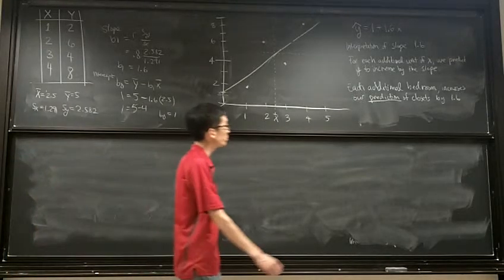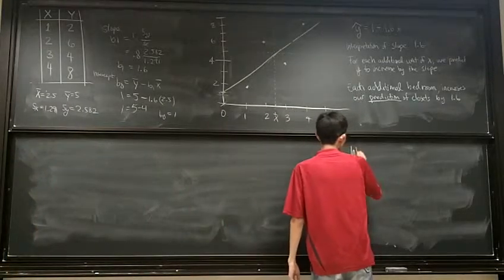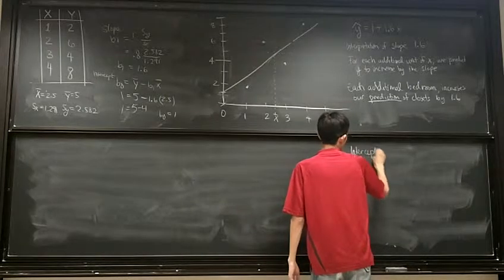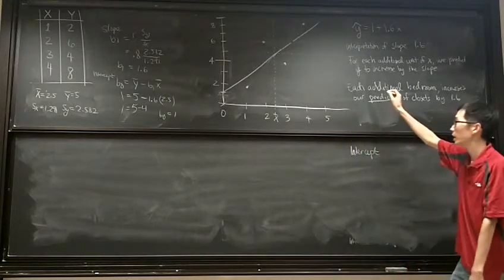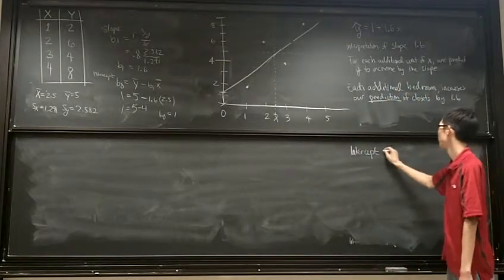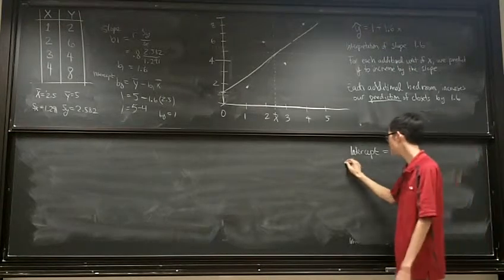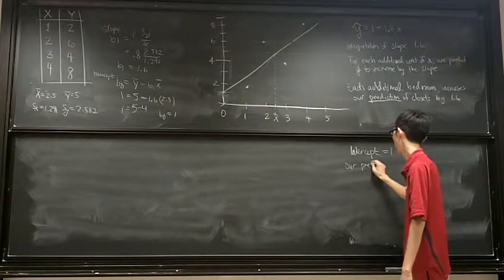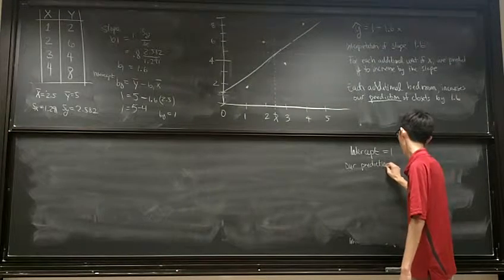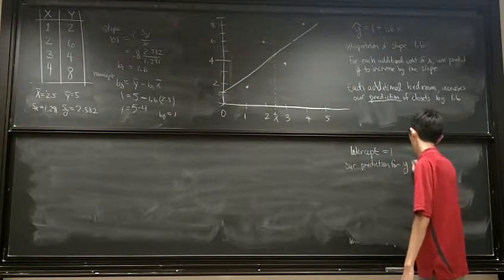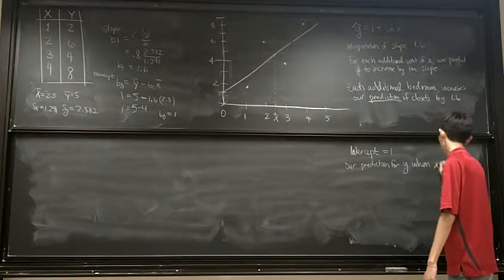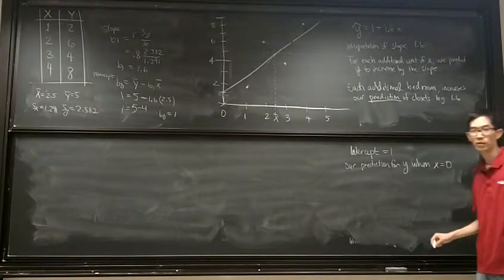Okay. And the intercept, what is our intercept? Our intercept happened to be 1, okay? And this is our prediction for y when x equals 0.